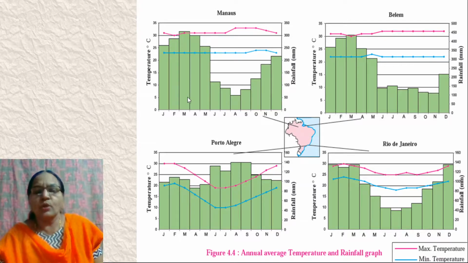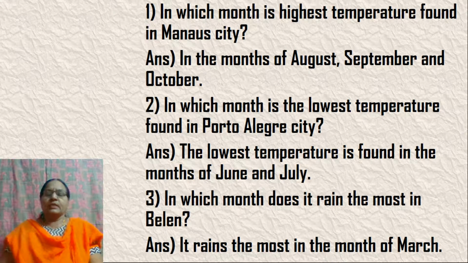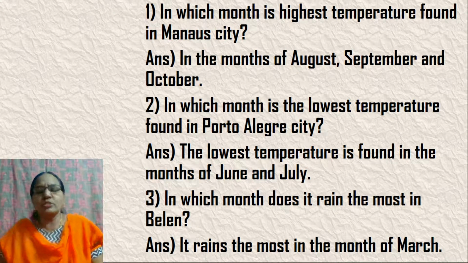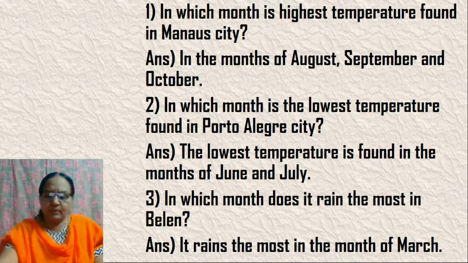In the same way we have Belém, Porto Alegre, and also Rio de Janeiro. Now here are some questions for you based on the graph. In which month is the highest temperature found in Manaus city?